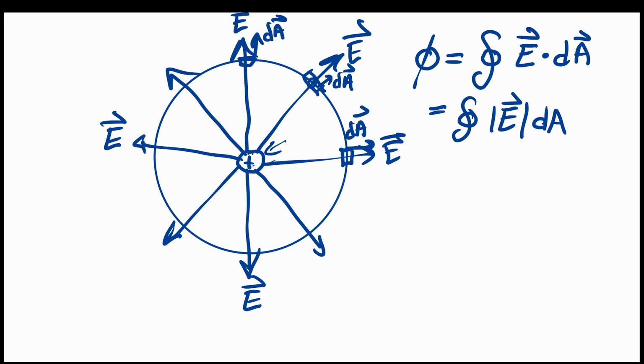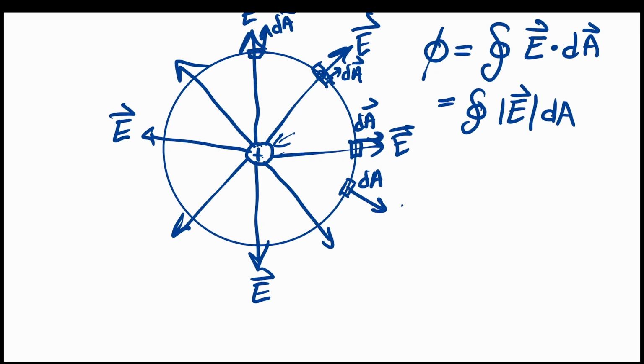So you have an element of surface dA, and you have an electric field getting out at that position that is coming from the center charge. And so we have here what we call a contour integral, and what this means is that we're integrating over the whole surface of the sphere.